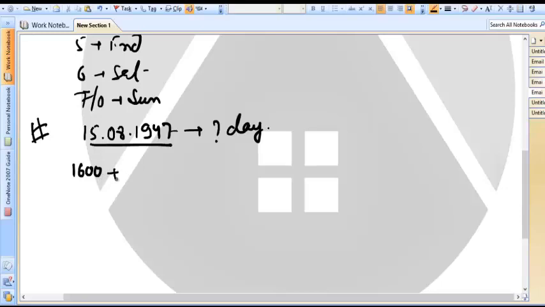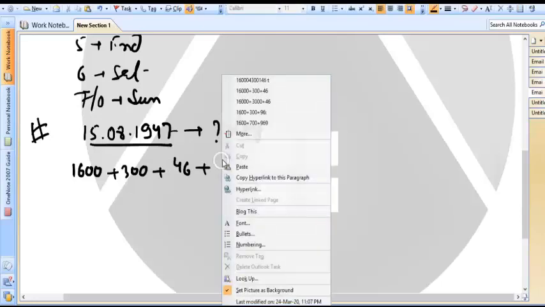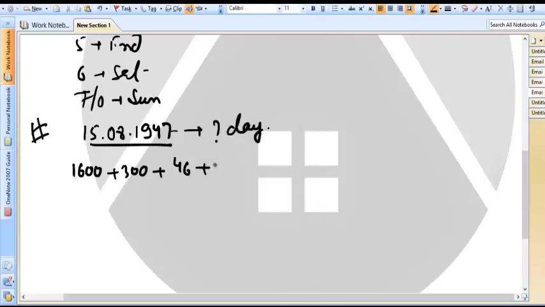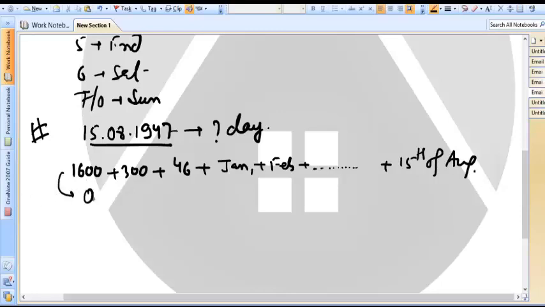And then comes 300 years, 1900 years, then I'll have 46 years, and my 47th year will start from January, and go from January, February till 15th of August, right? So in 1600 years I'll have 0 odd days, 301.